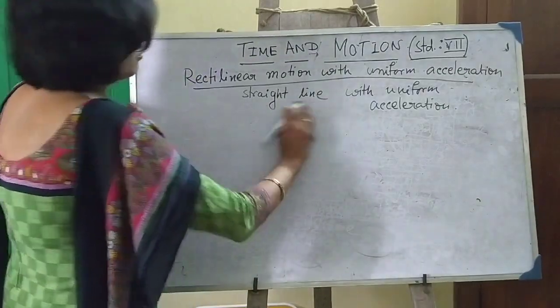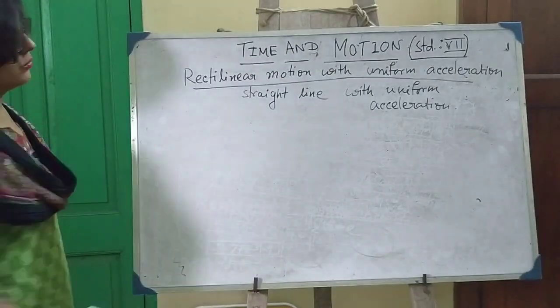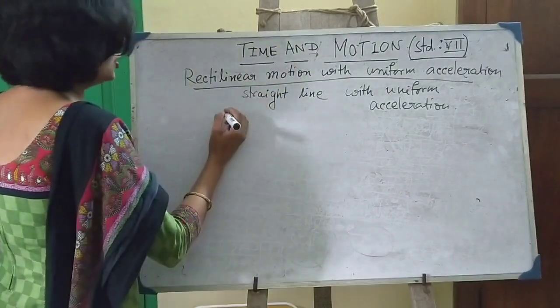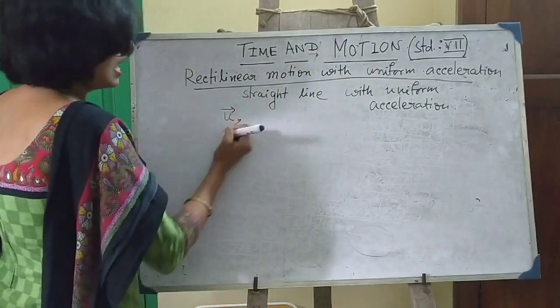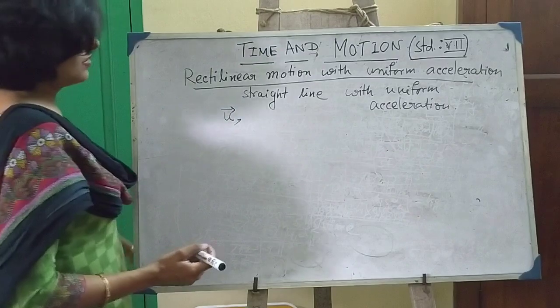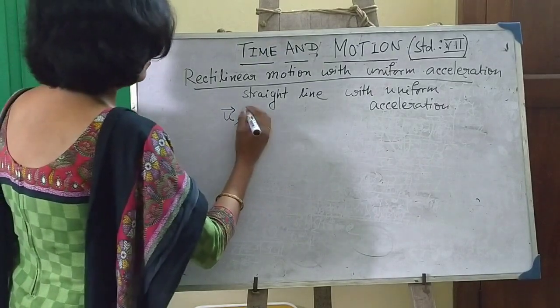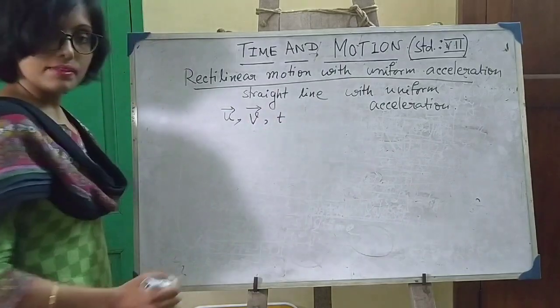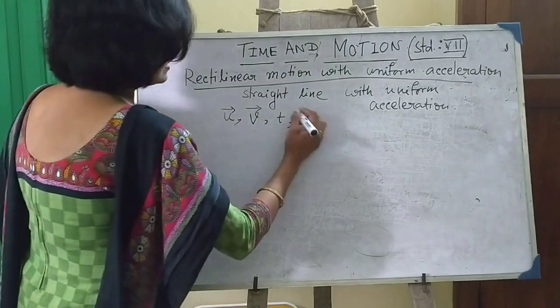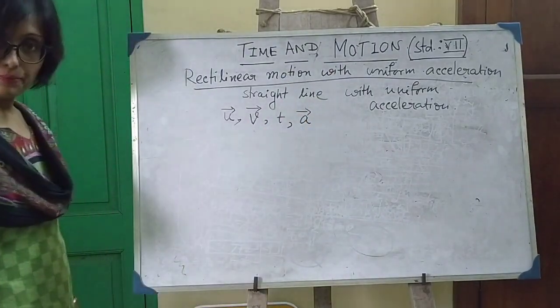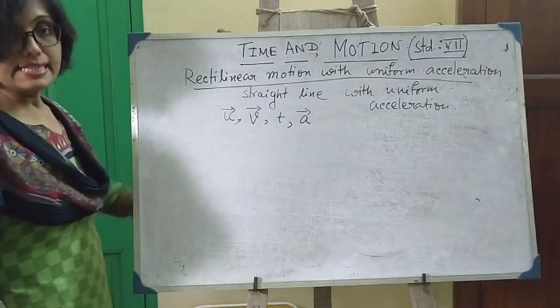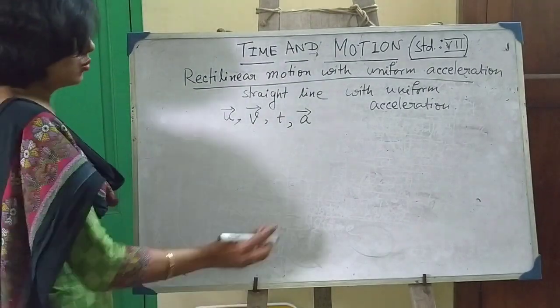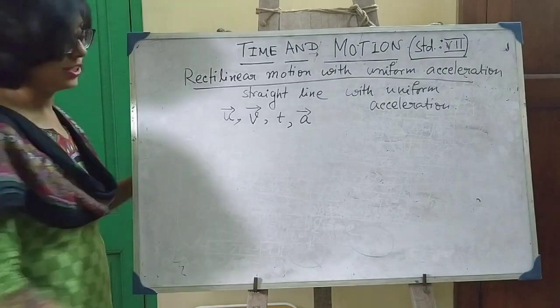If a body is moving in a straight line with uniform acceleration, and the initial velocity is u, after a finite interval of time t, its final velocity becomes v. Time is t and the uniform acceleration of the body is a, then we get some equations known as equations of motion.